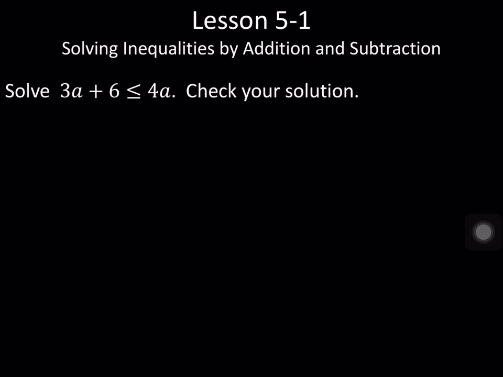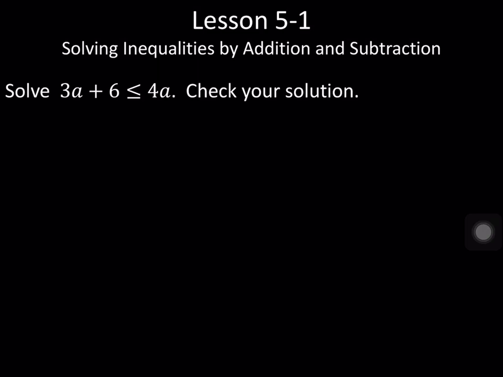All right, now here's one that looks a little different. You'll notice we have variables on both sides of the inequality. In this example, they're both A's. Think way back to when we first started solving one-step, two-step equations. One of the things we wanted to do first was to get our variable on the same side of the equal sign.